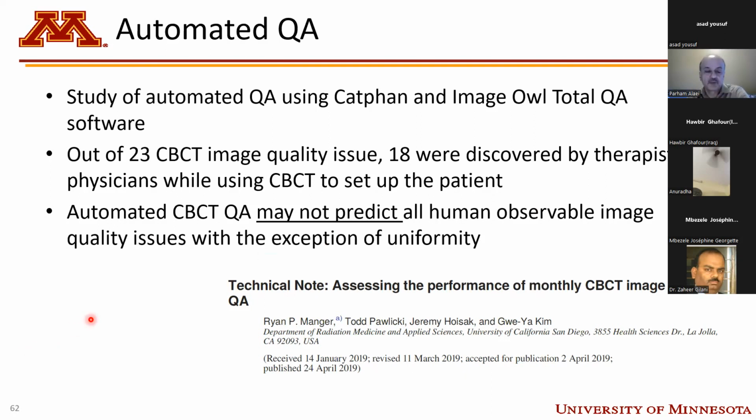So oftentimes the software may not catch it, but a physician looking at the image may detect something. I've had this experience myself, that a physician looks at the image and says, oh, something doesn't look right, and then we discover something wrong with the image. And this was an older LINAC.